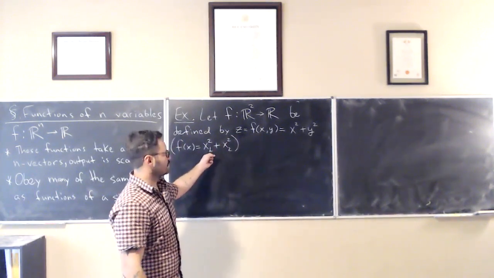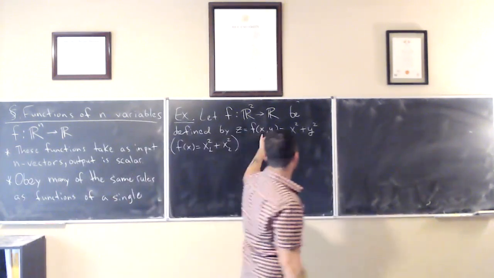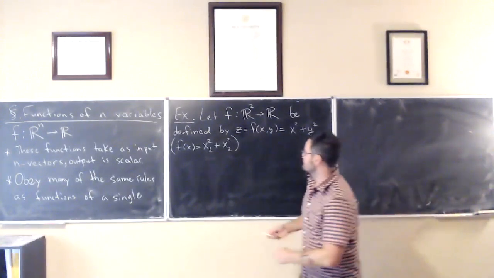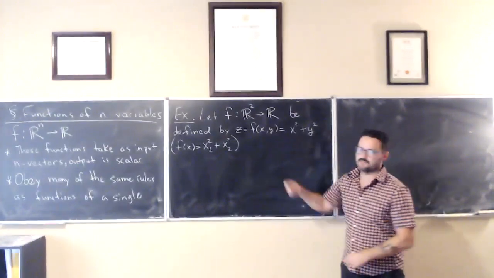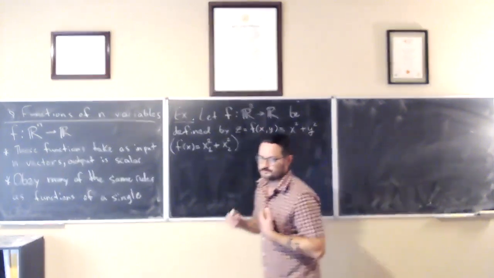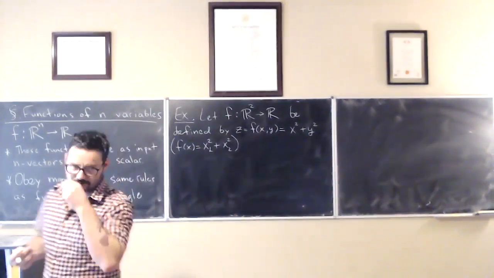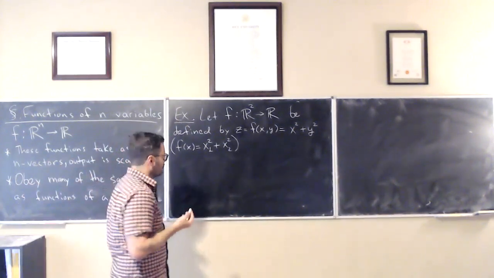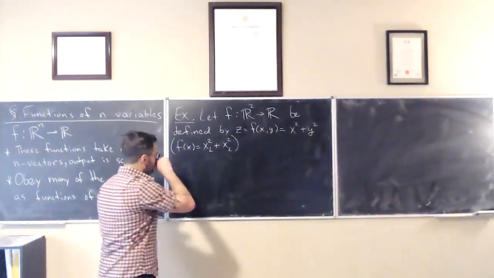This is the vector notation for that function. This is the variable notation for that function. They mean the same thing. But we're going to use this notation to help us get an idea of what this function does, how it behaves, and how we can visualize it in space.